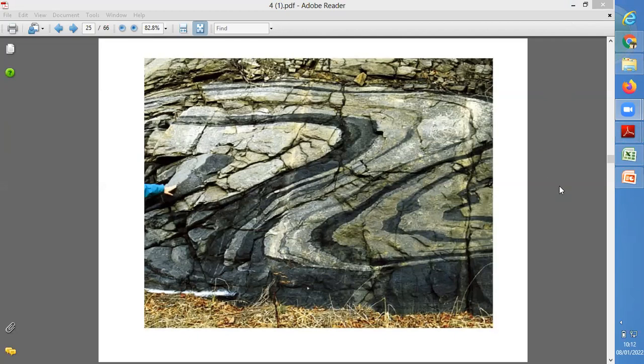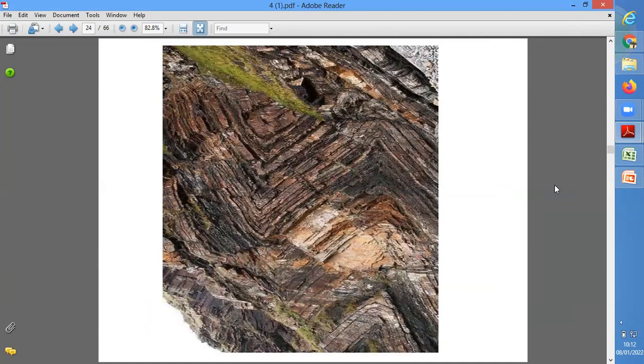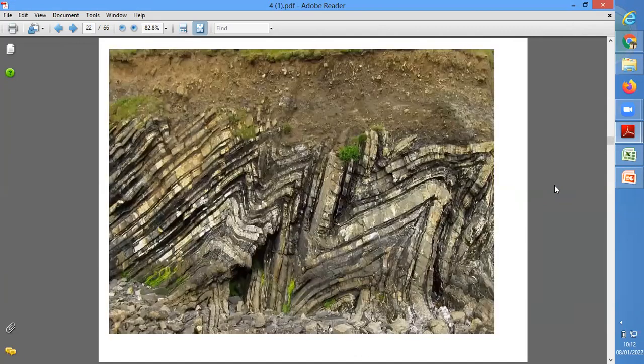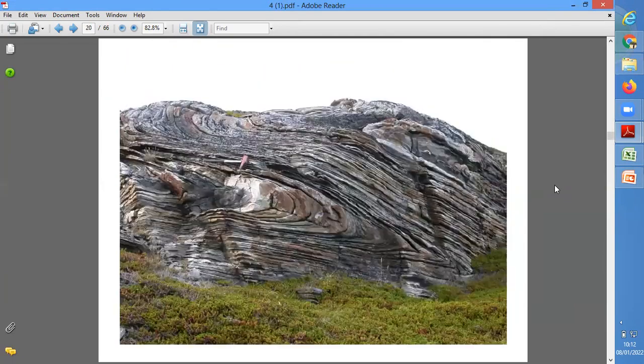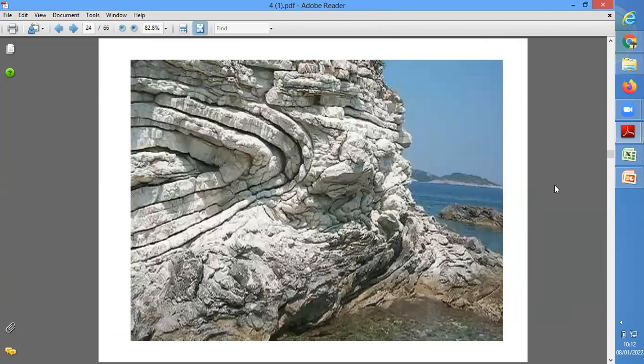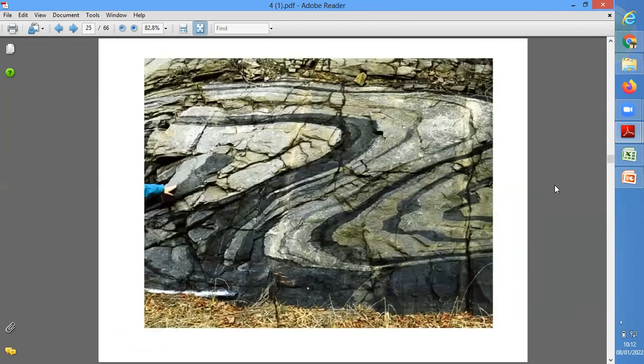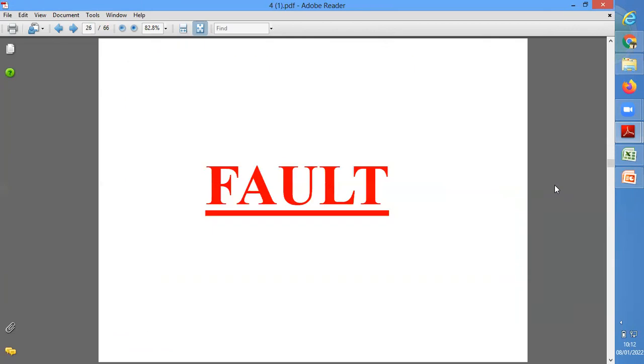So, in the last lecture, we have discussed regarding the fold and its types. Now, today we are going to discuss the next important structure present in the rock, and that structure is considered as a fault.